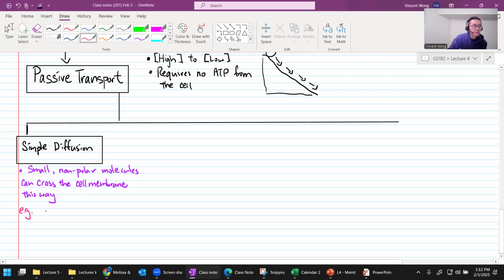Something small would be like O2 and CO2. A steroid is large, but it is nonpolar. Remember, the phospholipid bilayer, the cell membrane, is primarily nonpolar in the middle, right? So anything that's nonpolar is going to be able to go through no problem. Okay, steroid hormone, for example.